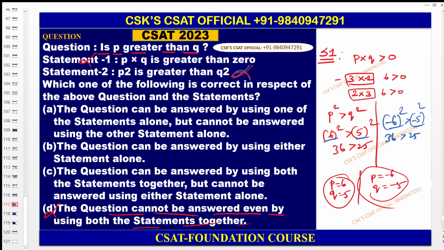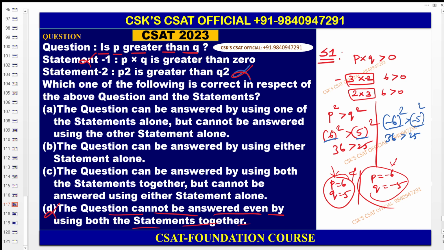Okay. Now even by clubbing, whatever example I have provided here, P is equal to 6 and Q is equal to 6, you can say the product here is greater than 0. Clubbing also, their squares also satisfy this one.